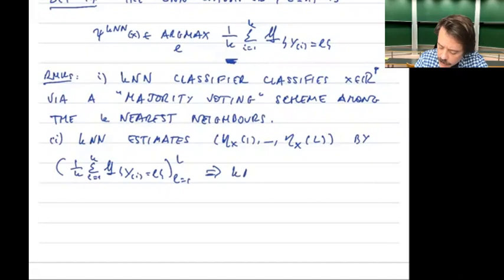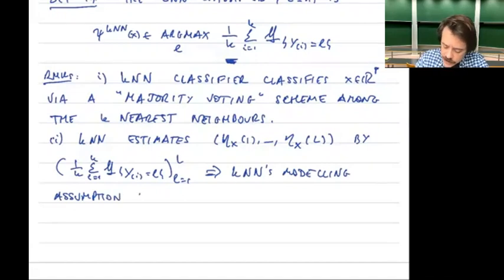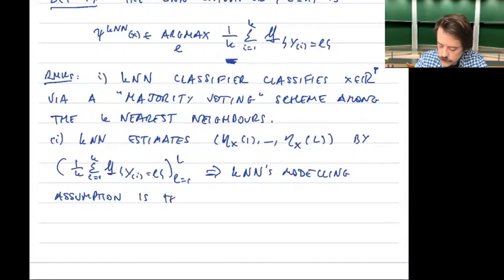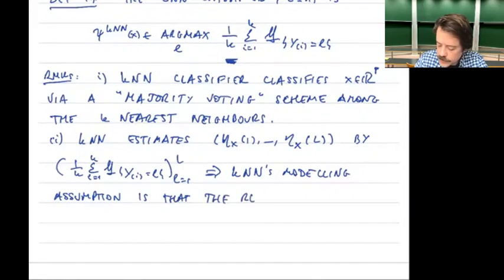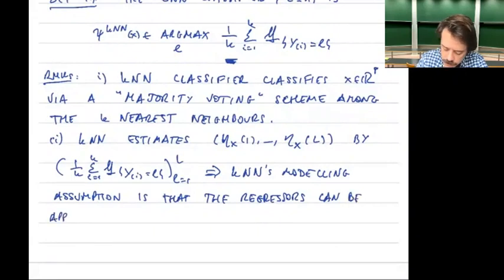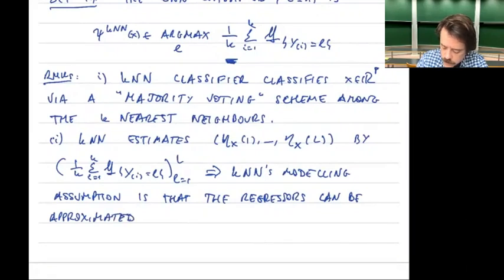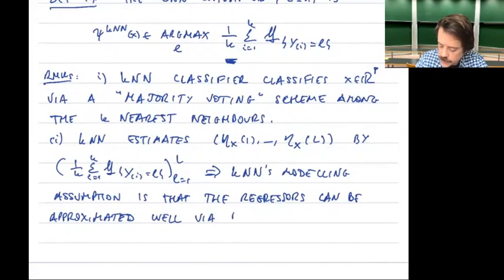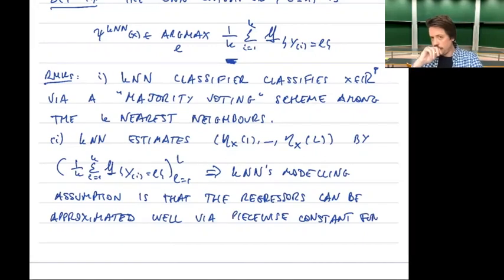So what we have here is the K-NN modeling assumption: that the regressors can be approximated well via piecewise constant functions, right? Okay, so that sounds like a pretty reasonable assumption.